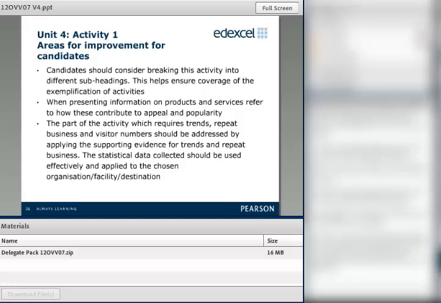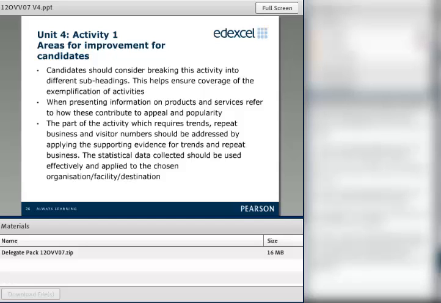First bit, they need to present information on the products and services that give the facility or attraction its appeal. Now, some candidates write down everything that the facility or attraction or destination offers, but don't actually take it that one stage further and link it to the appeal, because obviously different things will appeal to different types of people.